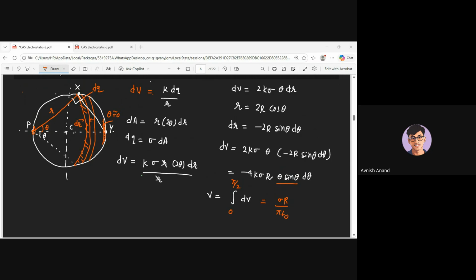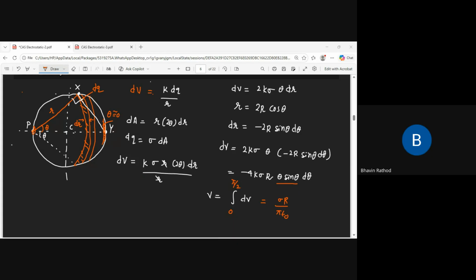No, see, the problem with that will be, Avnish, if you pick one particular ring, then for different points on the ring, point P is at different distances. So we will not have an expression for dV itself.